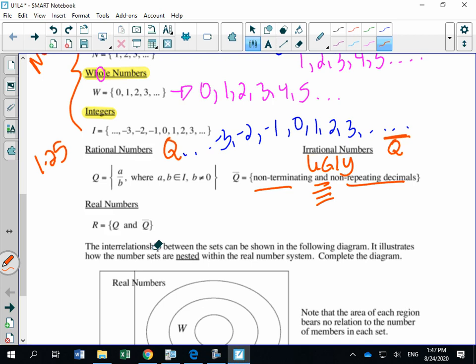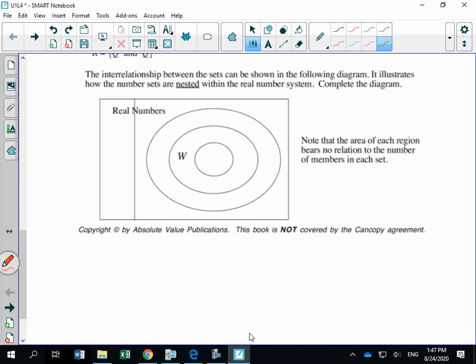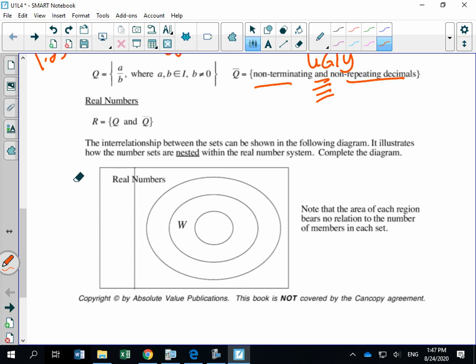Okay? So let's do this Venn diagram. They love giving Venn diagrams on tests. The numbers that I will throw at you in grade 10, 11, or 12 are called real numbers. Okay? It's all the numbers in our number systems. There's 2 types of real numbers. They are either going to be Q or Q bar, right?